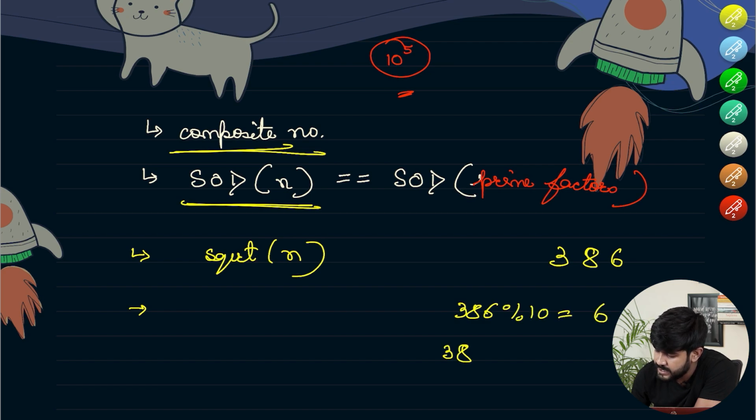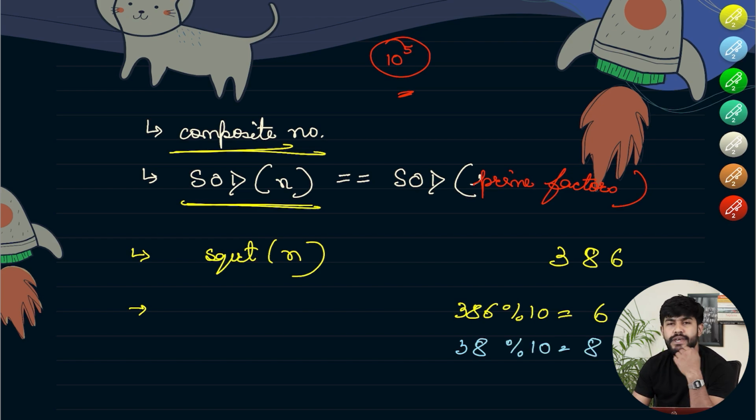Then we would divide 386 by 10, the integer division, and we would be left with 38. Now again modulo 10 gives me 8. Again, integer division by 10 gives 3. Again modulo 10 is equal to 3. Again divided by 10, which is equal to 0.